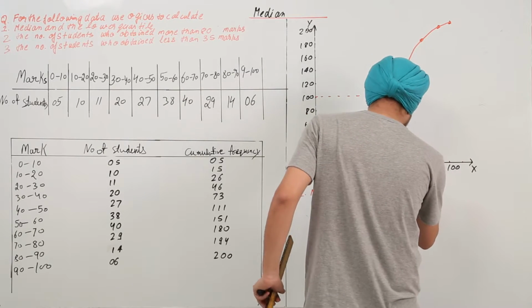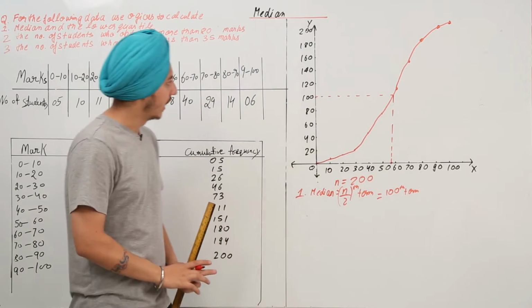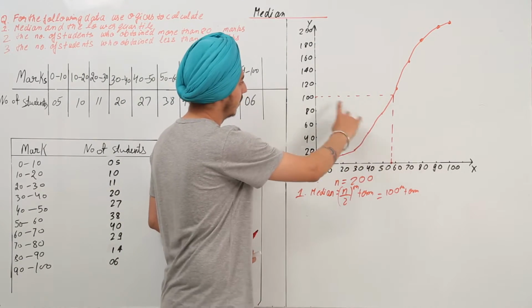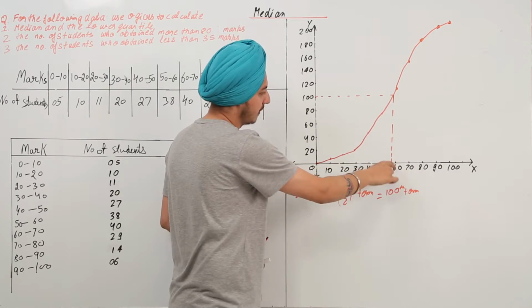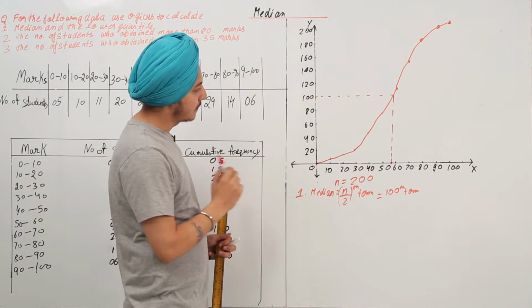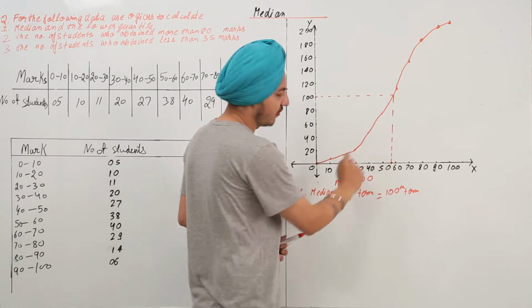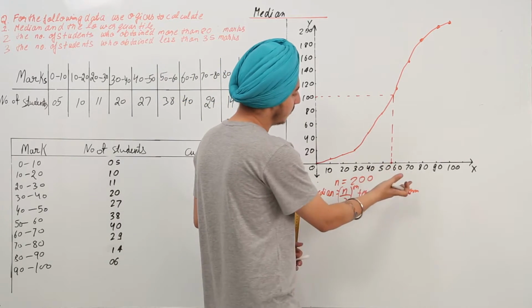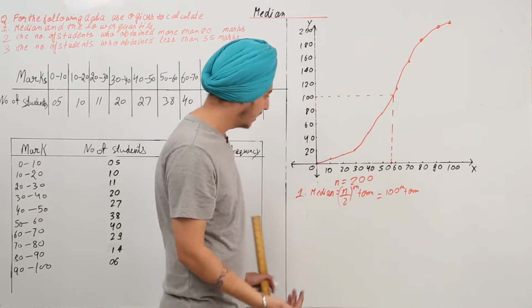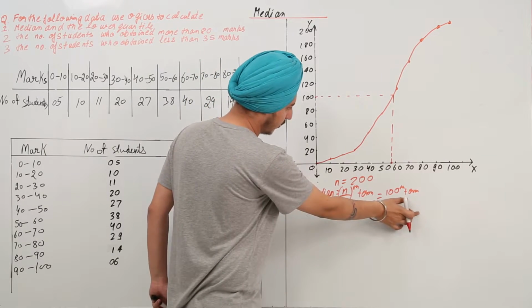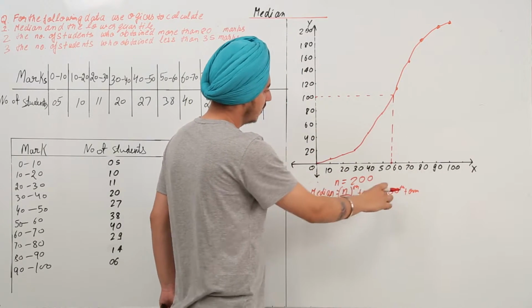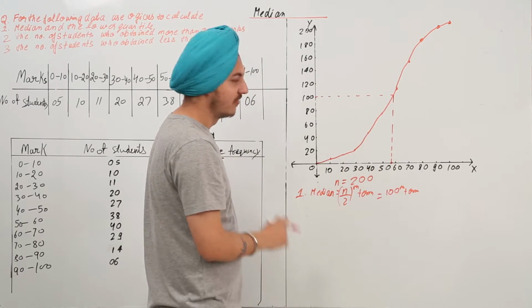So this is the point where this line goes down and meets the x-axis. The abscissa for this point is our median, and it is approximately 57, right? So this is the 100th term, and the abscissa for this is 57.